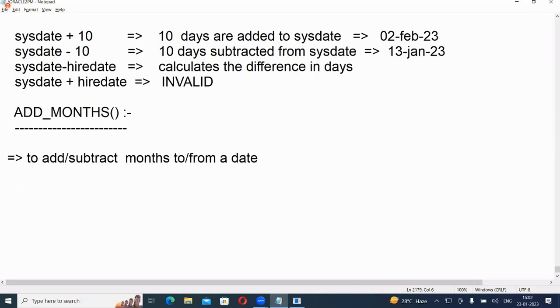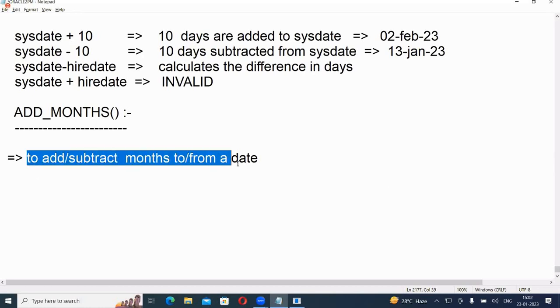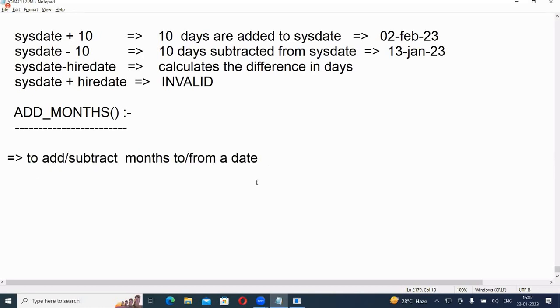The ADD_MONTHS function takes two arguments.